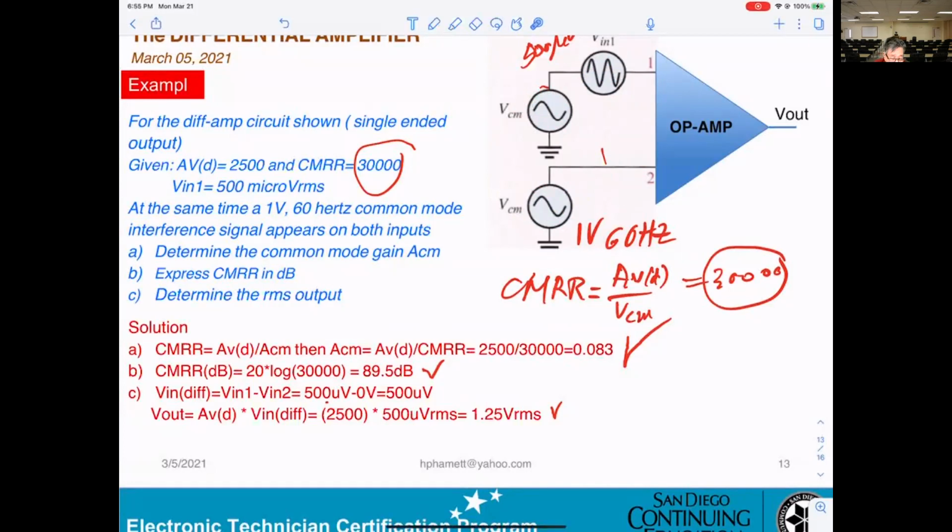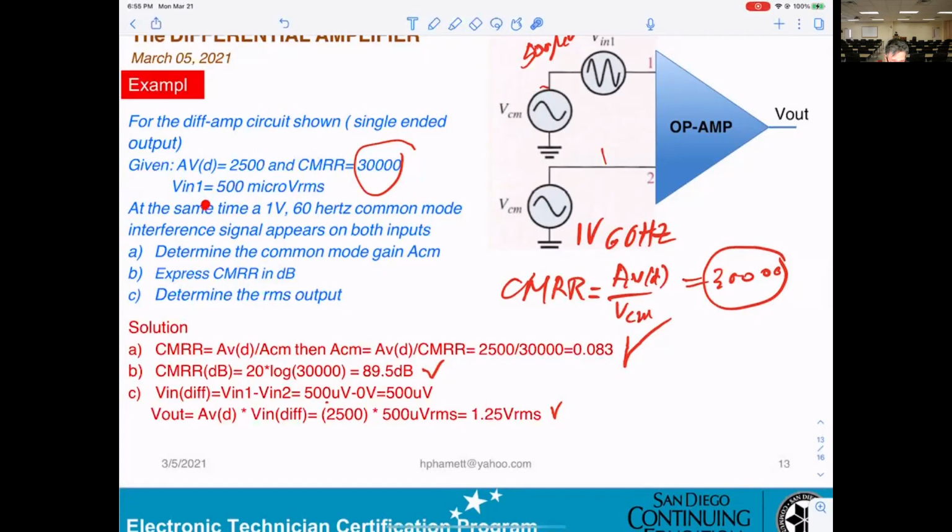Okay. They give the AVD, that means the differential gain, 2500, and a common mode rejection ratio, 30,000. Vin equals 500 microvolt RMS.